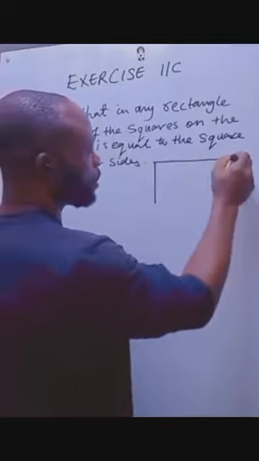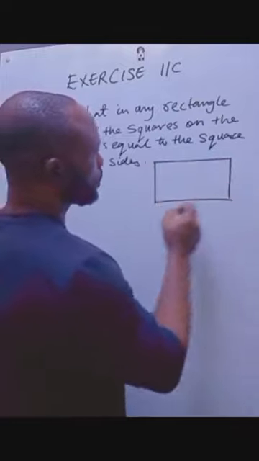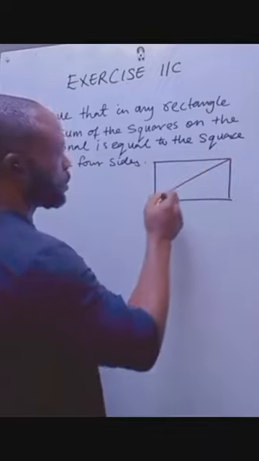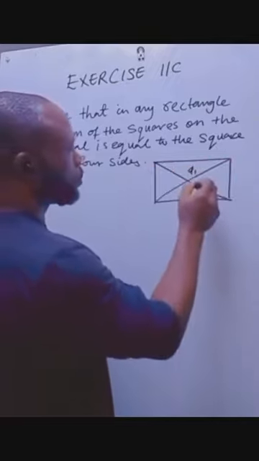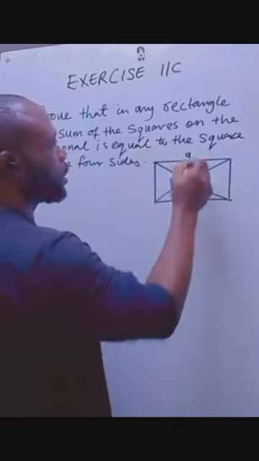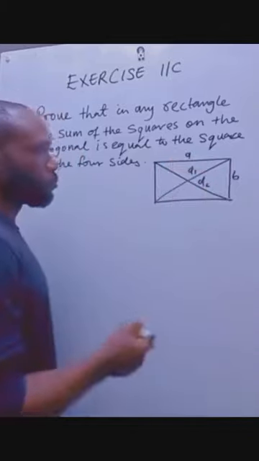Exercise 11C, question number 2. Prove that in any rectangle, the sum of the squares on the diagonals is equal to the sum of the squares on the 4 sides. Now let this be the diagram of the rectangle with diagonal D1 and diagonal D2, and let the sides of the rectangle be A and B. Now, watch closely.